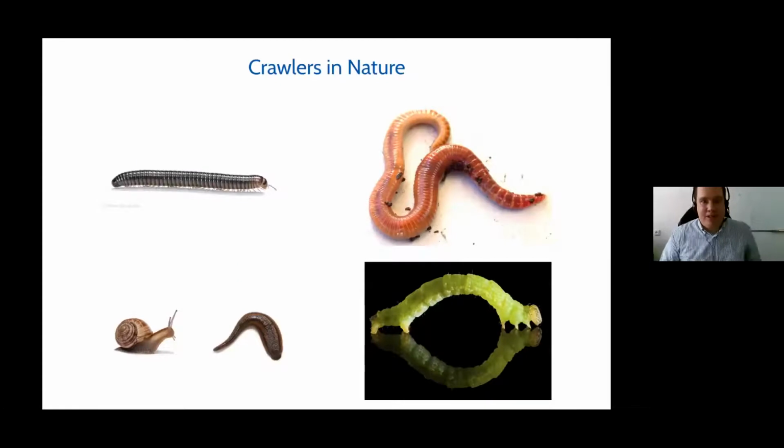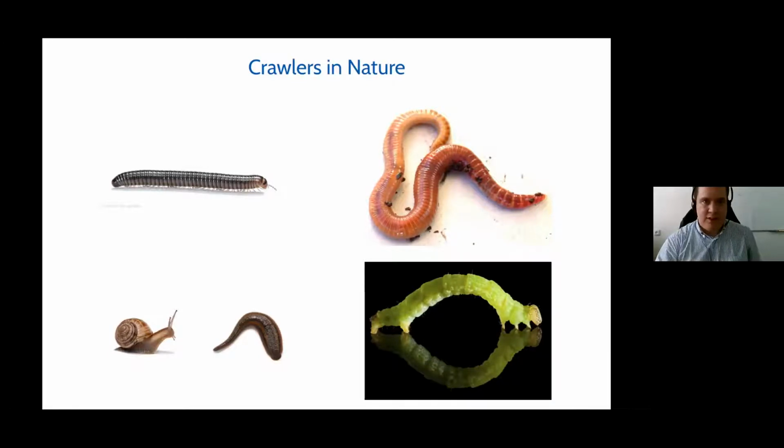Okay, so what are crawlers? Crawlers describe a large family of locomotion strategies that we can find in several animals: earthworms, inchworms, leeches, snails. You see, they are very different. We have a longer continuous model, and some, like leeches and inchworms on the bottom right, use basically only two contact points.